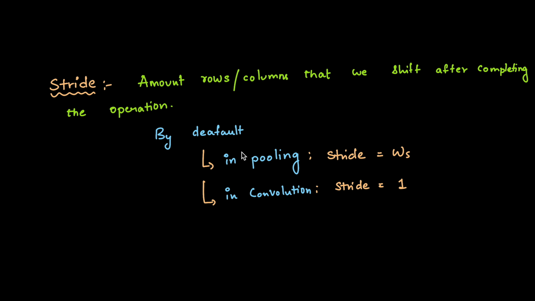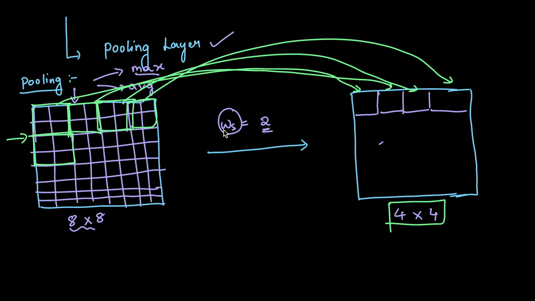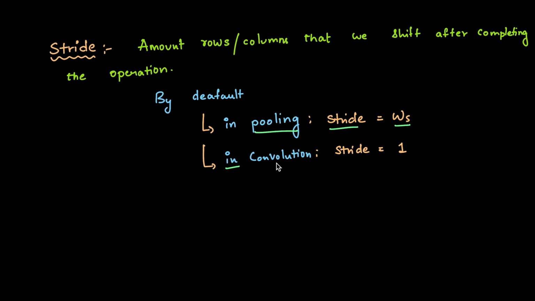By default in pooling, the stride is equal to the window size. The window size here is 2. That's why we move by 2 columns or 2 rows after applying one operation. But in convolution, if you remember, we just move by one column, so the stride by default in convolution is 1.